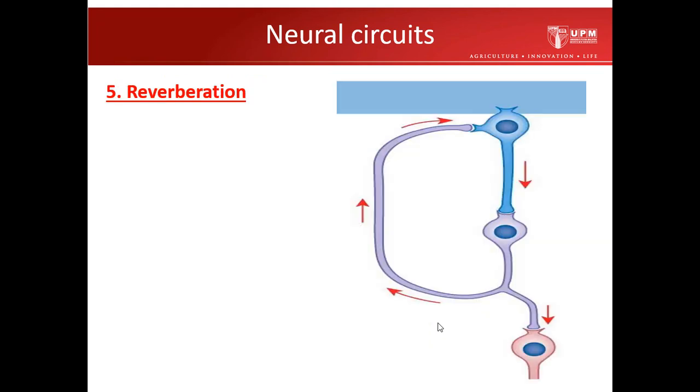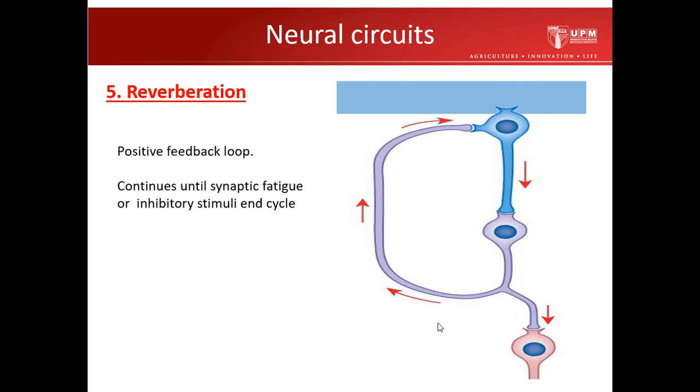The next one is reverberation. Reverberation is like a positive feedback loop mechanism, but for neurons, of course. In this picture, you can see that the presynaptic neuron sends input to the next neurons, and at the same time the signal can travel back to the presynaptic neuron.